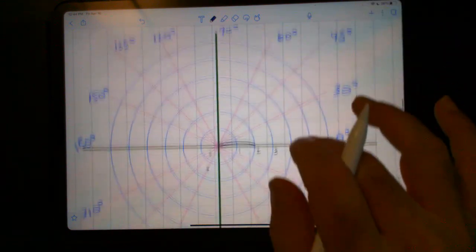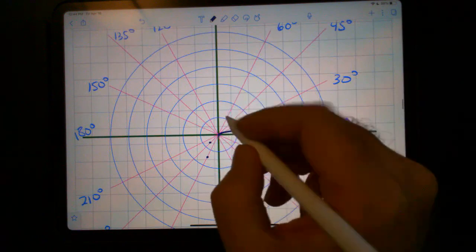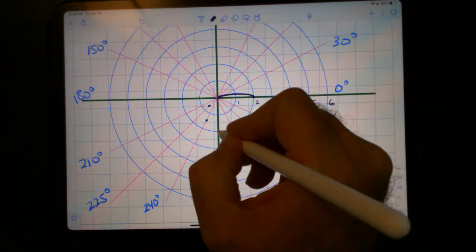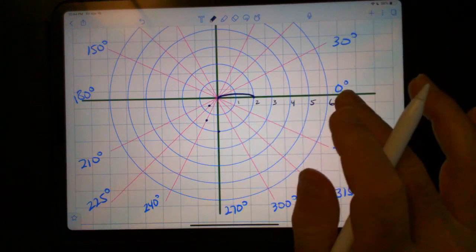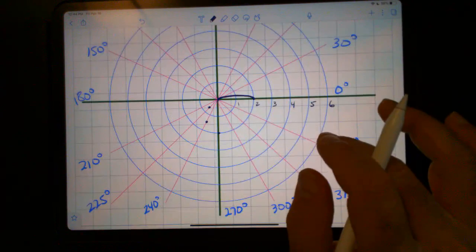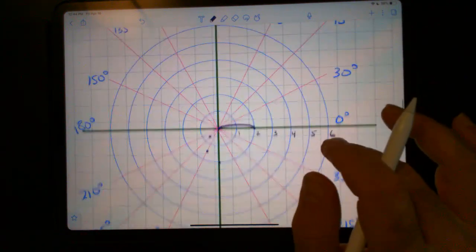Pi over 2, negative 2. Two pi over 3, negative 1.46.